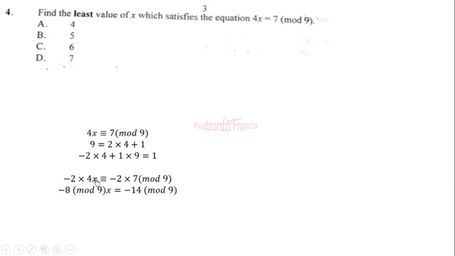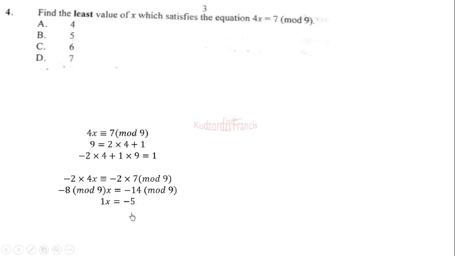So in modulo we are looking for the positive number. So what we do is that we keep adding the modulo here, which is 9, until we get positive on both sides. So we add 9 to -8, we get 1. Then we add 9 to -14, we get -5.